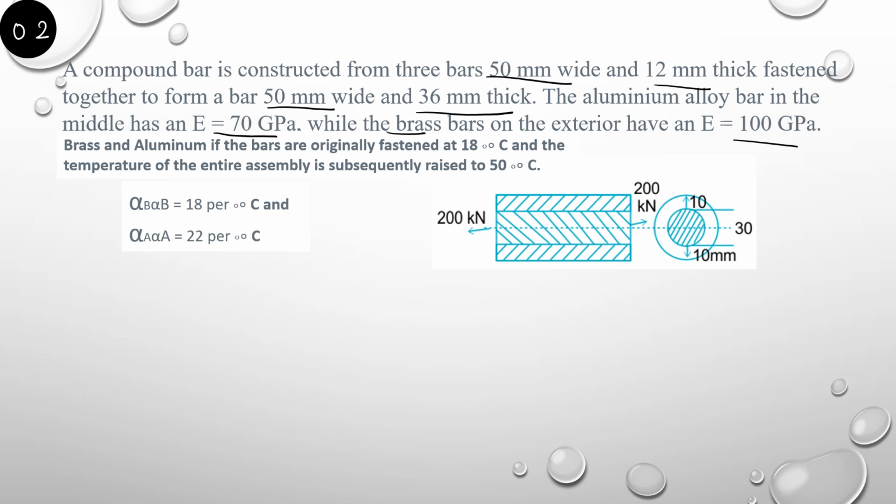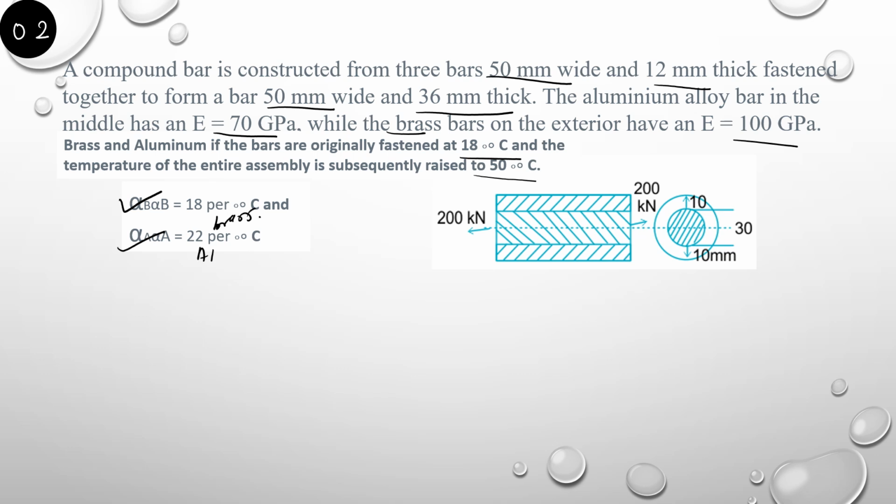The brass and aluminium are originally fastened at 18 degrees Celsius and the temperature of the entire assembly is subsequently raised to 50 degrees Celsius. The alpha values are 18 per degree Celsius and 22 per degree Celsius: 22 for the aluminium and 18 for the brass.